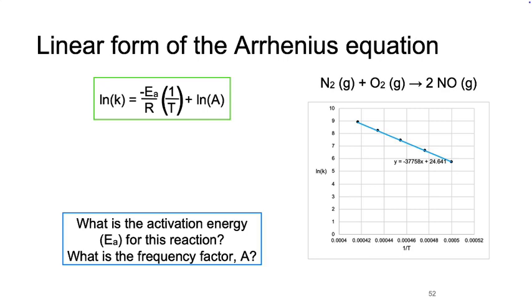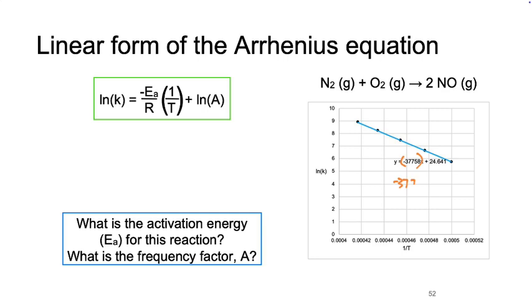For the M bracket, I'm kind of confused on what exactly. So you're saying that in this specific scenario the negative 3,778 is equal to all of negative EA over R times 1 over T, or is it just the negative EA?